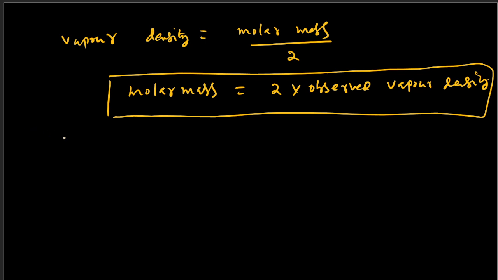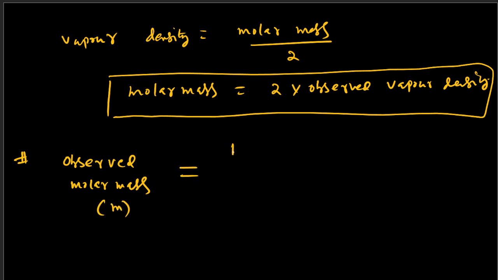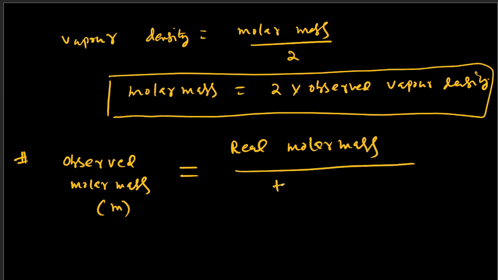So for molar mass, previously we said that the observed molar mass, small m, equals the real molar mass divided by the total number of moles.